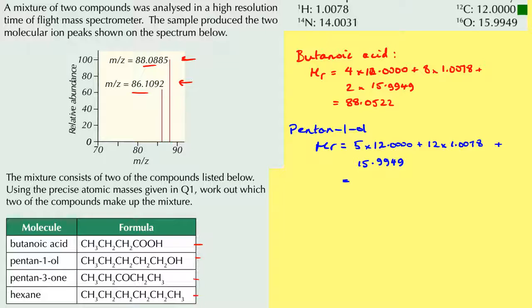Okay, so let's add those all up, and we get 88.0885, which is this one here. So this peak here is for pentan 1-ol.